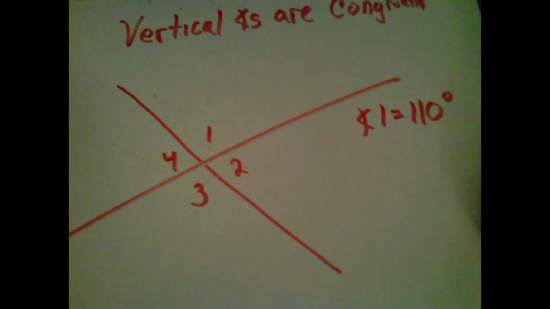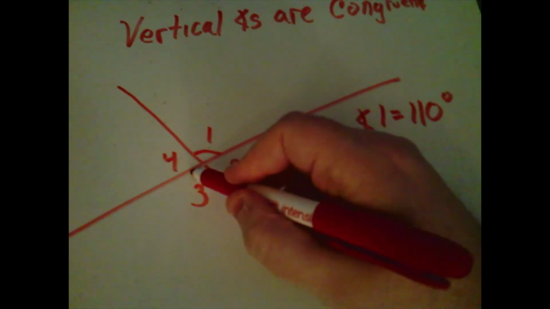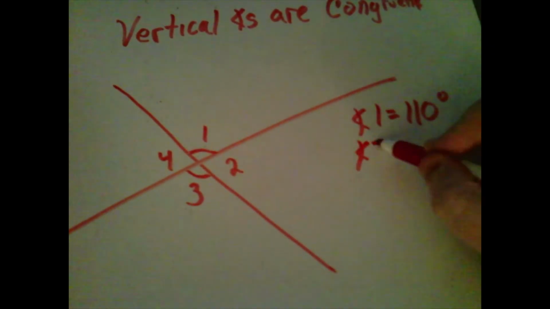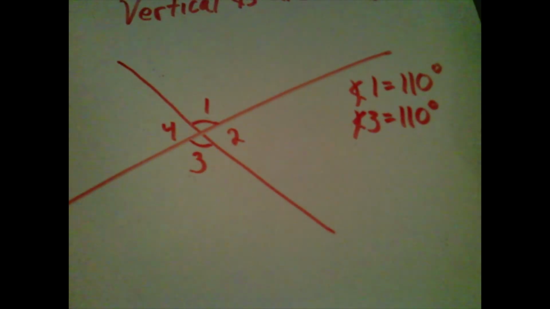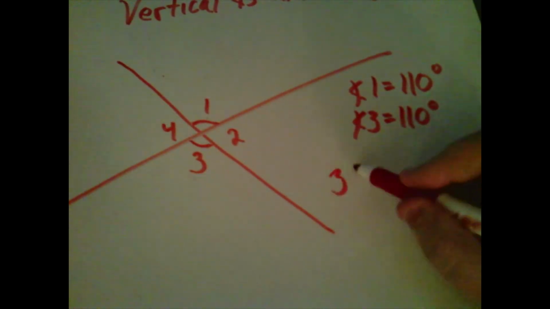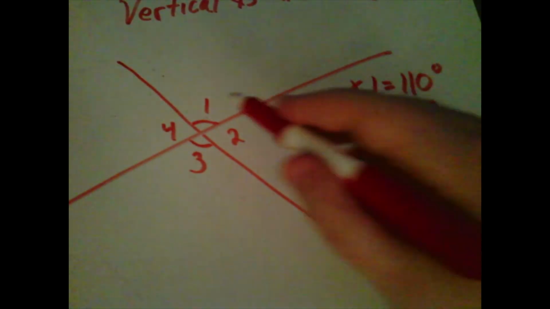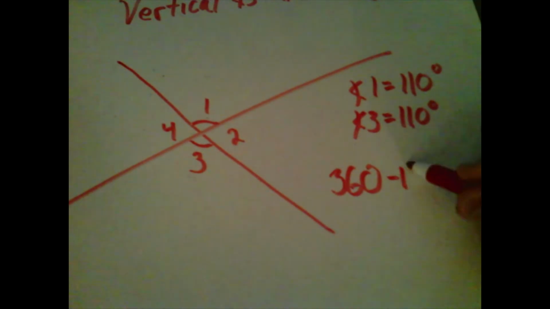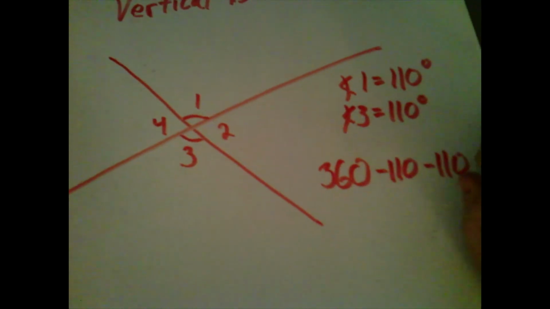Well, let's walk through it. The first thing we know is that angle 1 is congruent to angle 3. That means that angle 3 must also be equal to 110 degrees. What do we know now? Well, the total measure of all of these angles is equal to 360. So 360 degrees minus angle 1, which is 110, minus angle 3, which is 110 again, will bring us a little bit closer to our answer, right?